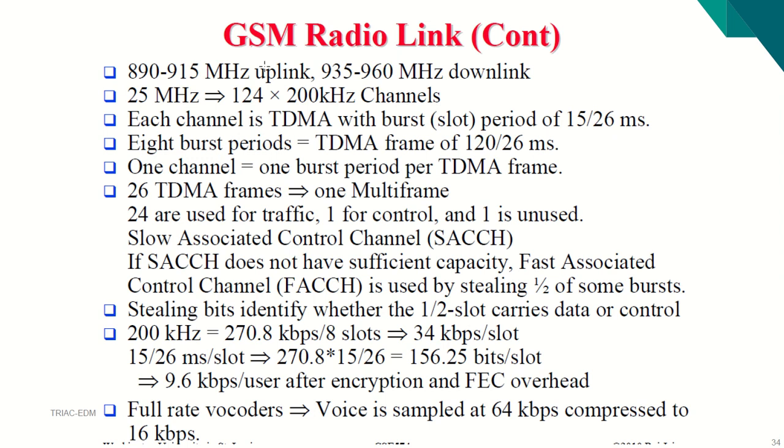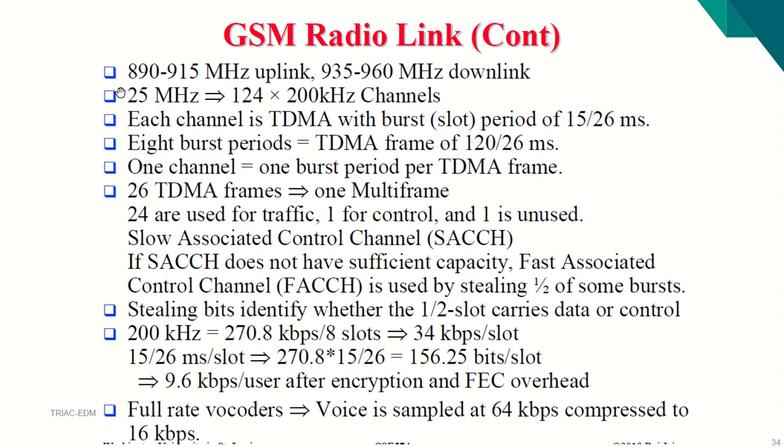So you need to recall the cellular framework that we talked about previously. Uplink is the link from user to base station. Downlink is the data transmission from base station to mobile user.